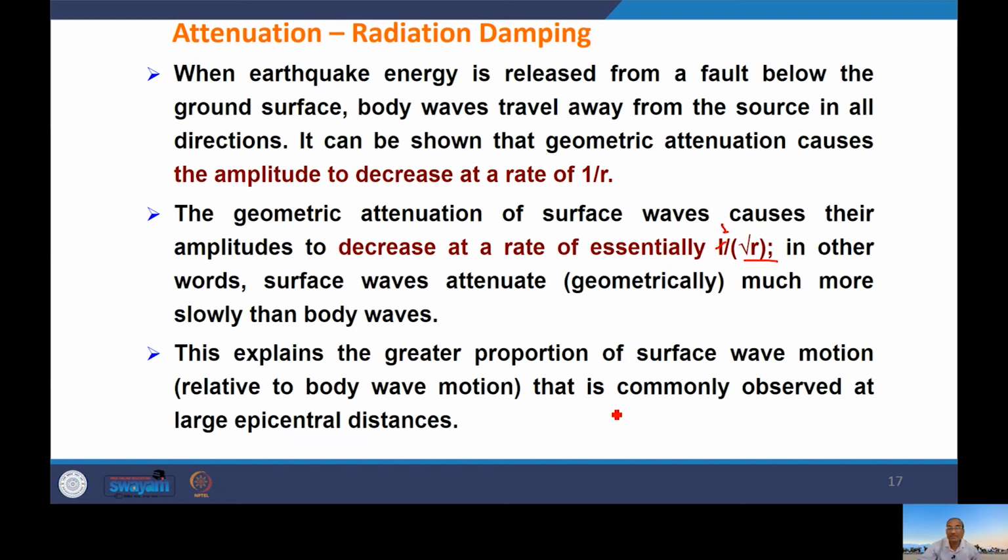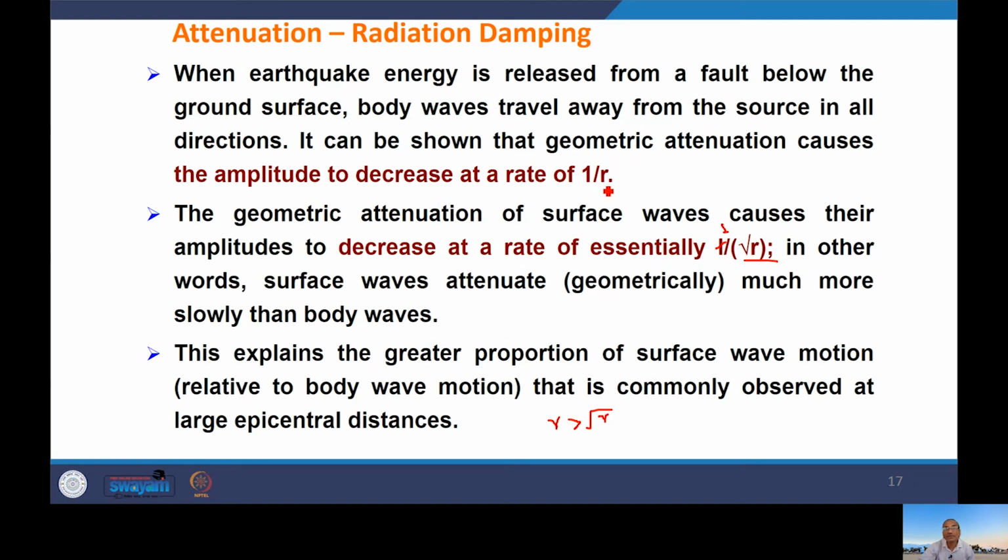Because r is distance, which is more than 1, the decrease for body waves will be higher than the decrease in surface waves, because r is greater than root r. So 1 by r will be less than 1 by root r.